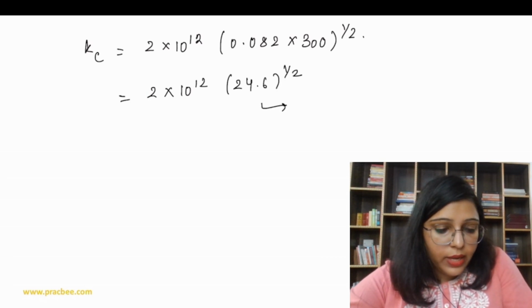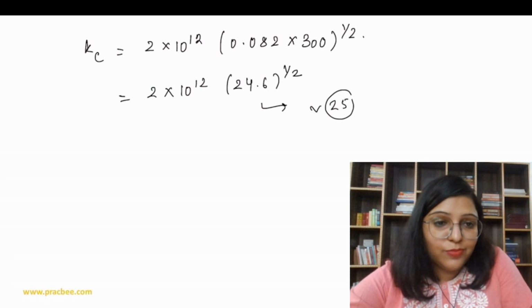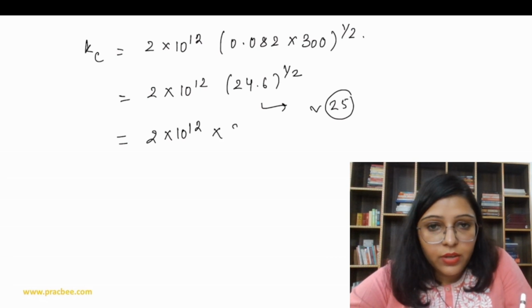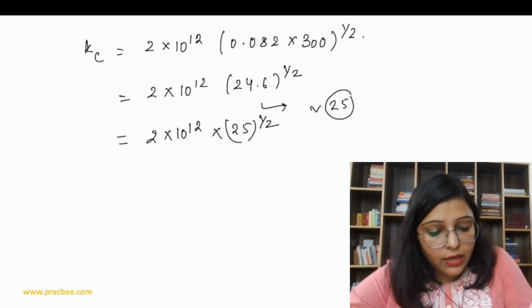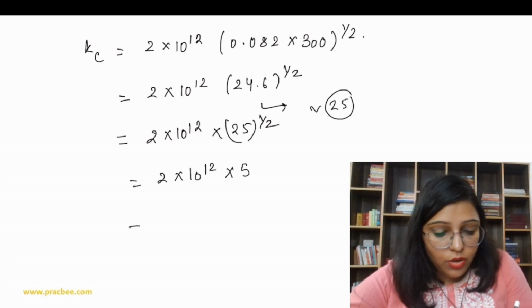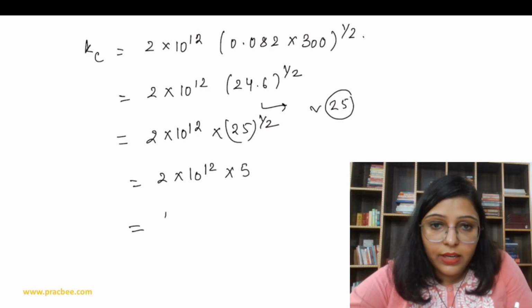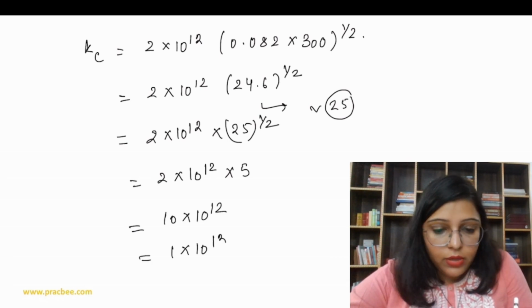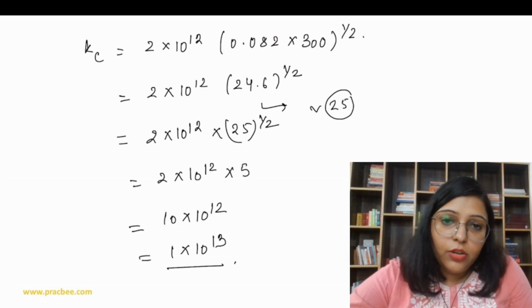So what I am going to do, I can take it as 25 for easy calculation. So 2 into 10 to the power 12 hai. So under root 25 ka under root we get 5, and on solving we get 10 into 10 to the power 12, which is equal to 1 into 10 to the power 13.